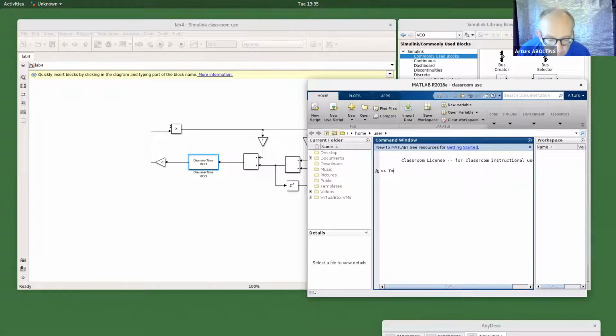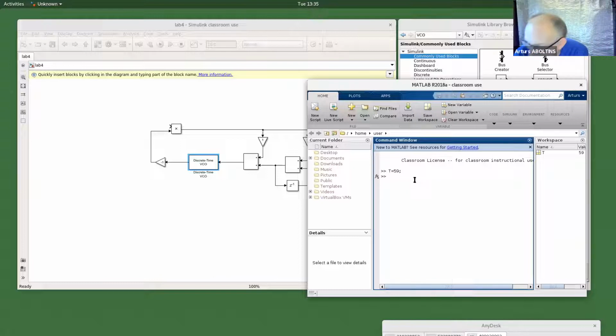My student number is 2910058. So this capital T is equal to 58 or 59, because I have 58, but you have a completely different number. This variable must be defined.